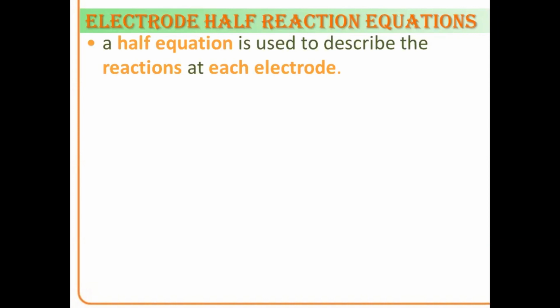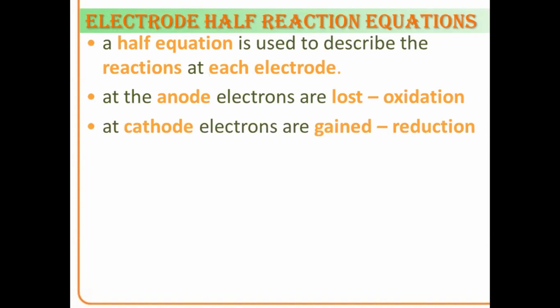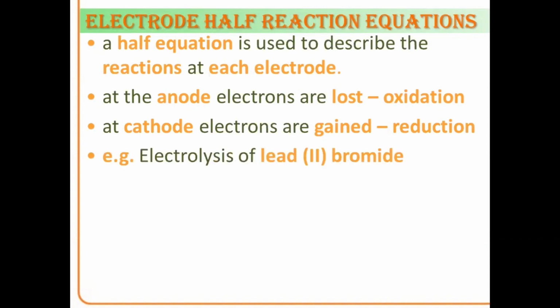The electrode half reaction equations simply describe the reactions taking place at each electrode. At the anode, electrons are lost, and this is an oxidation reaction. At the cathode, electrons are gained, and this is a reduction reaction. It is important to always remember that the anode is the site for oxidation, and the cathode is the site for reduction.